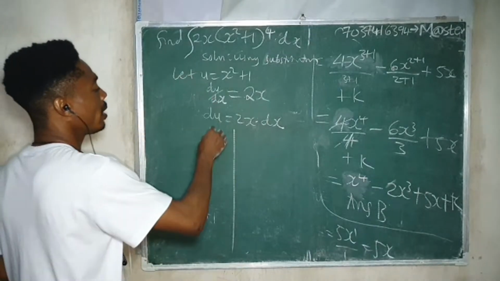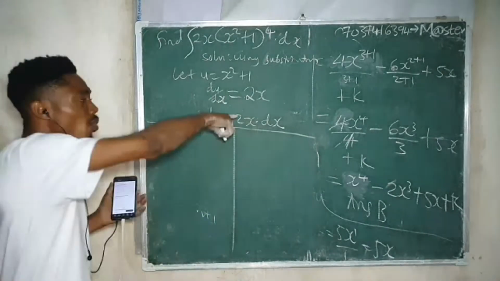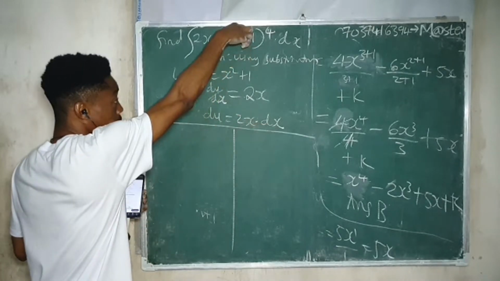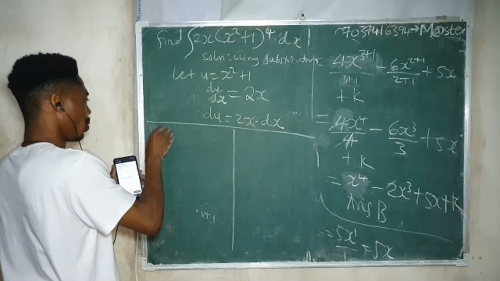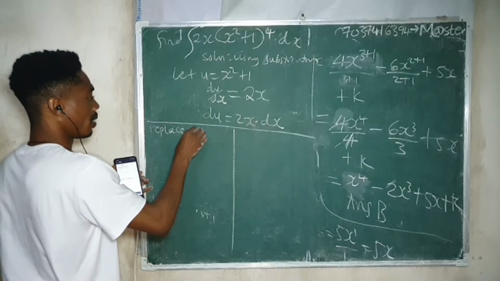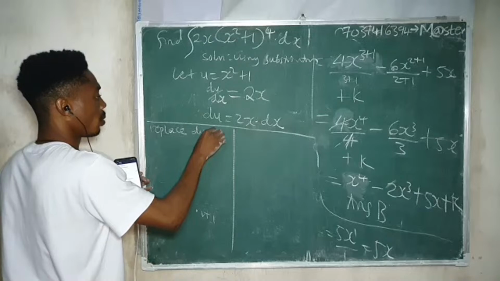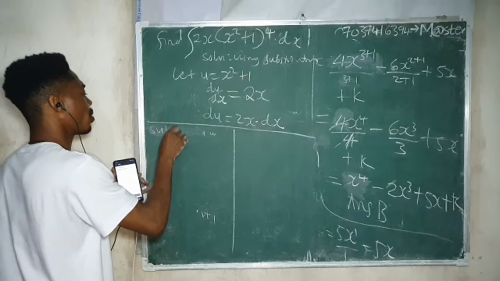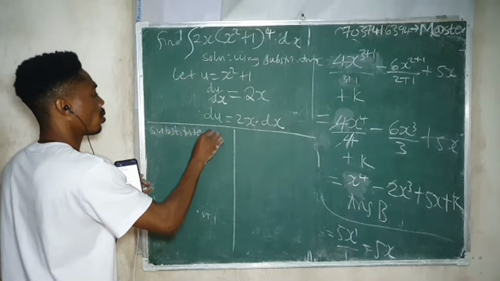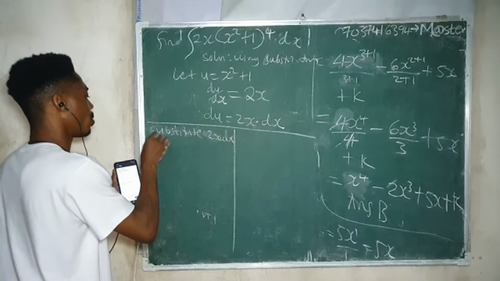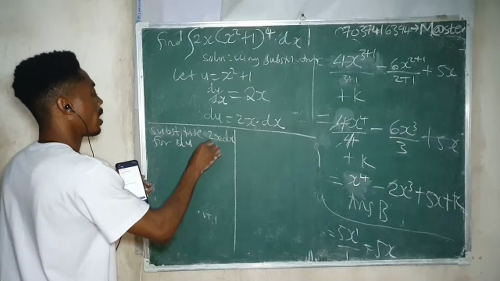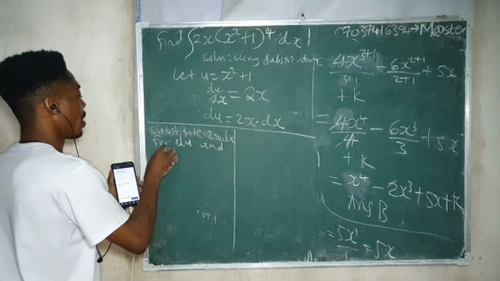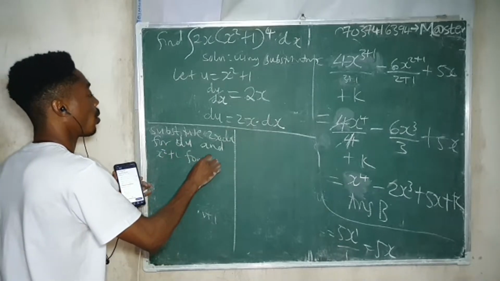We can quickly, from here, substitute 2x dx for du, and x squared plus 1 for u.